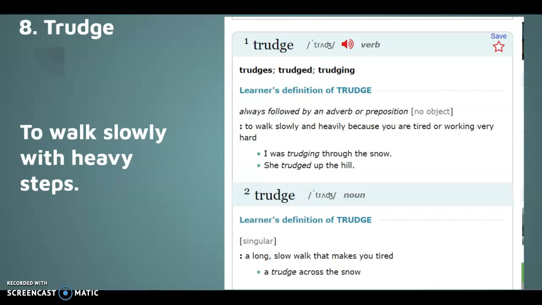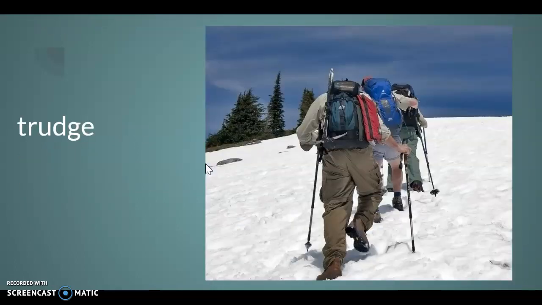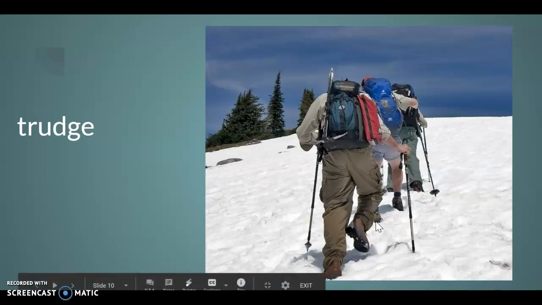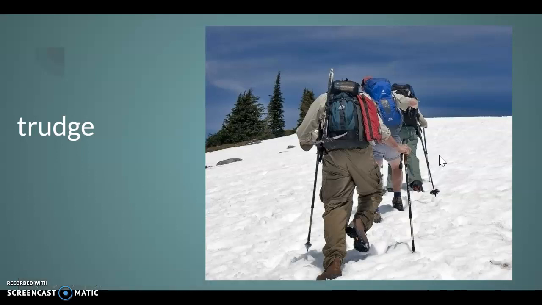That can be trudge as well. So here's our picture, walking up a snowy hill. They can be trudging up the mountain because it's slow, hard walking.